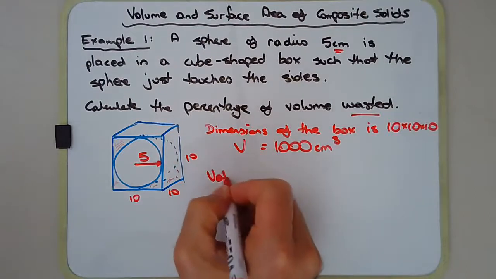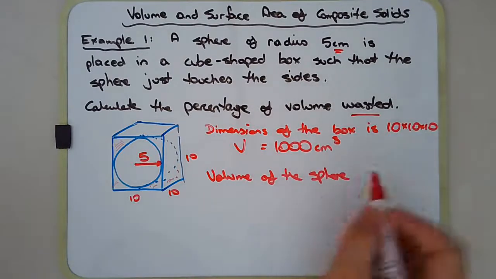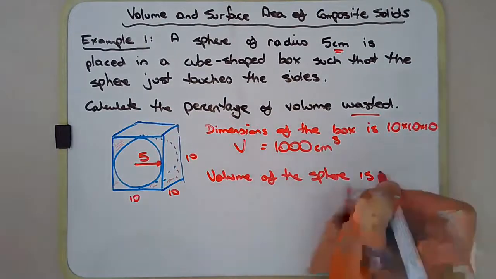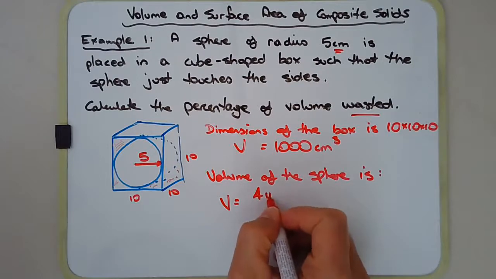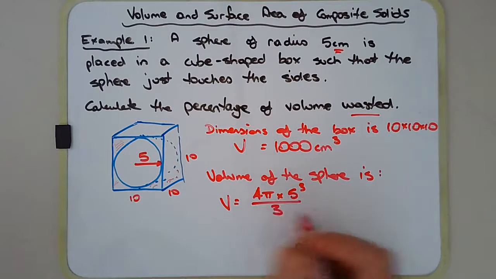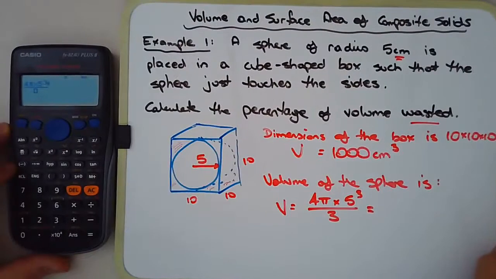The volume of the sphere is 4 pi r cubed on 3. So V is equal to 4 pi times 5 cubed over 3, and I'll keep the rounding reasonable.